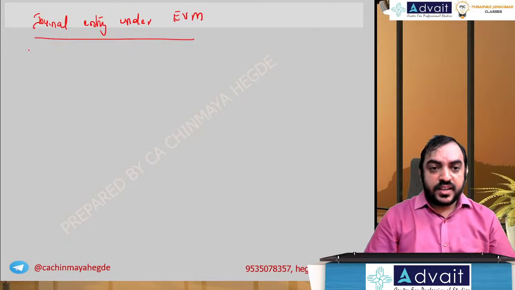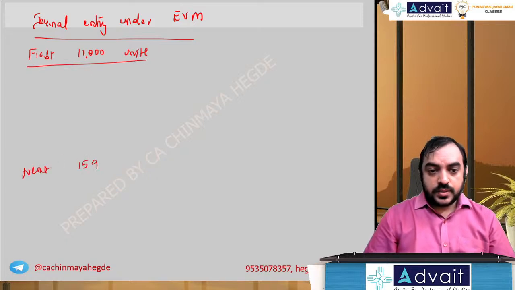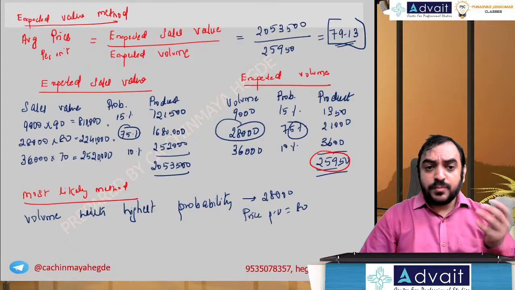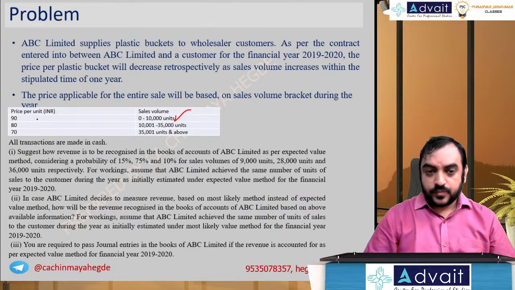So we are going to pass an entry for the first 10,000 units, then next 15,950 units. Okay, first 10,000 units, you would have charged him directly 90 rupees.